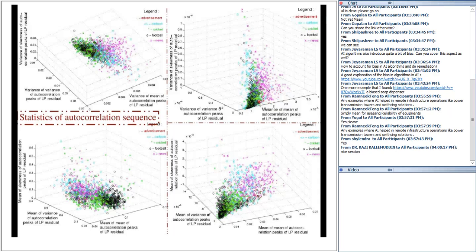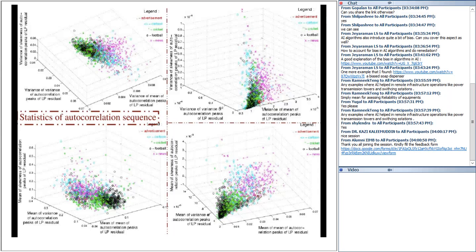Cricket is green, the ad is red, and the last one is TV commercials. You see that to some extent they are overlapping, but still they are occupying a particular region in this 3-dimensional space, right? In one particular perspective, they are more overlapping. In another perspective, you see them being separated, right?